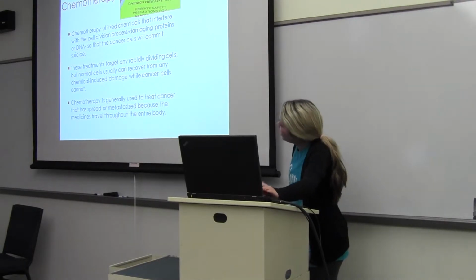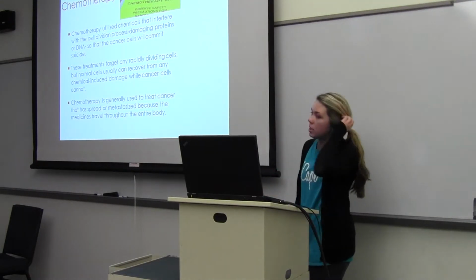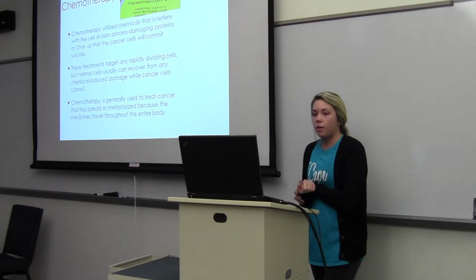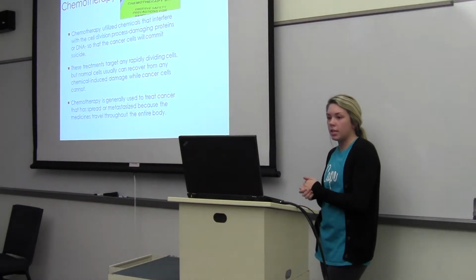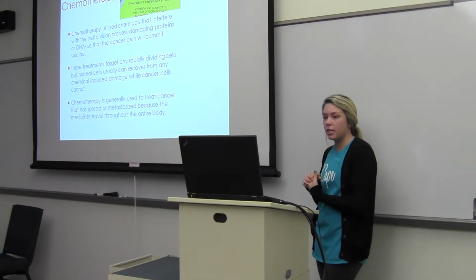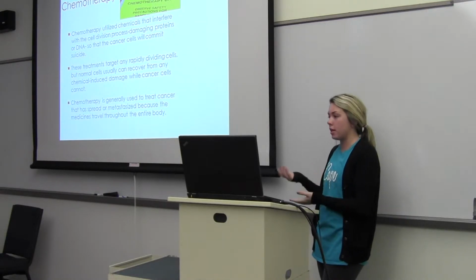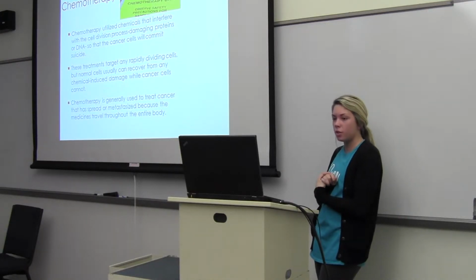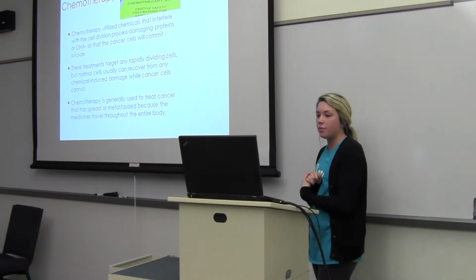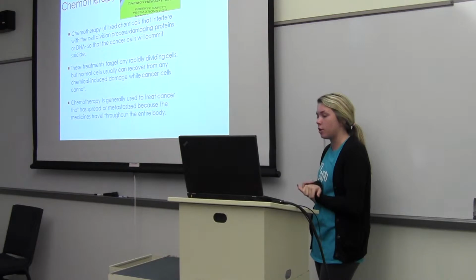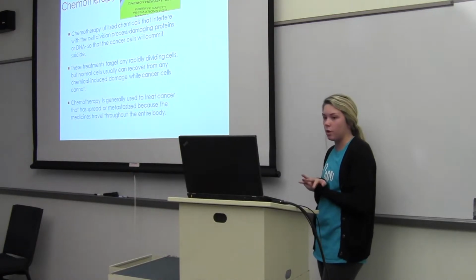Chemotherapy utilizes chemicals that interfere with the cell division process, damaging proteins or DNA so that the cancer cells, again, commit suicide. These treatments target any rapidly dividing cells. So that's why people lose their hair, because your hair cells are rapidly growing.